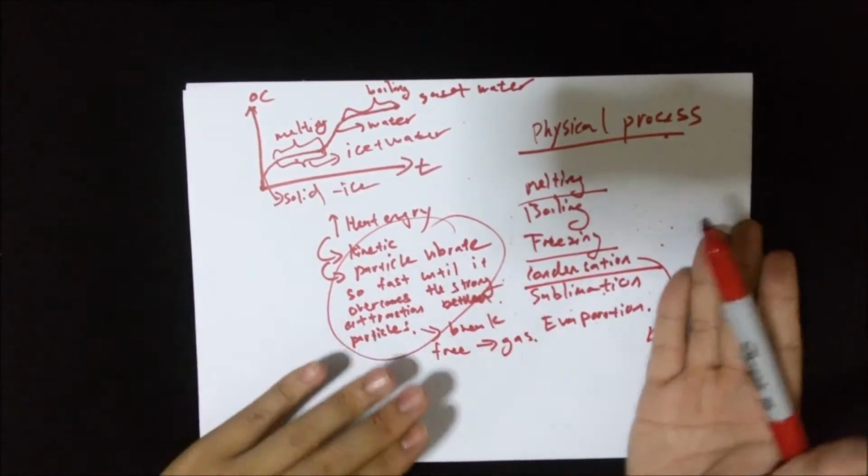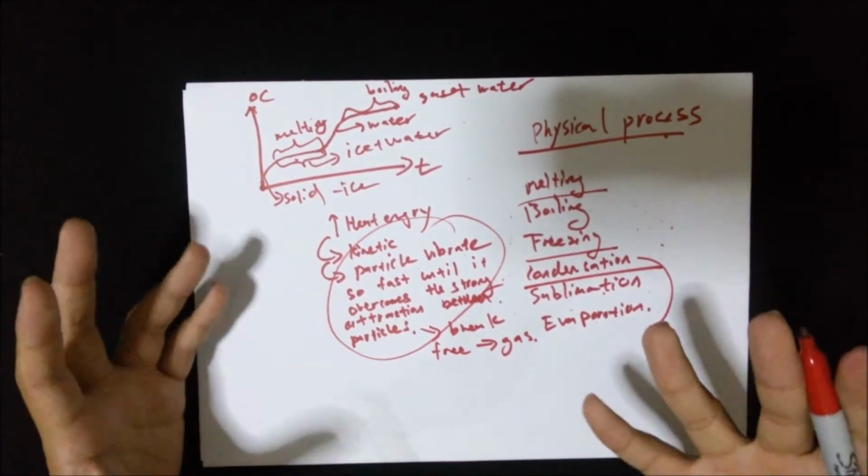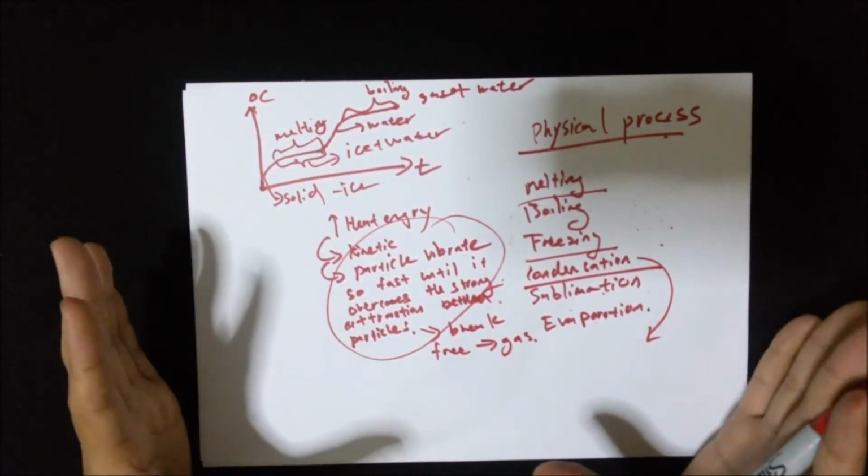And for the reverse process of freezing and condensation, it is easier to phrase. So if here is where you gain energy, for freezing and condensation, we will say that the particles lose energy.